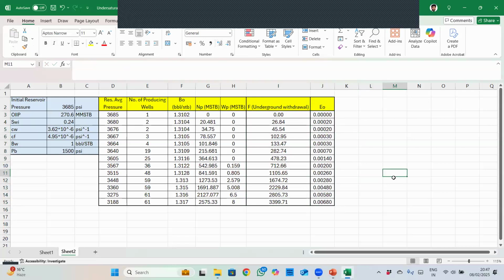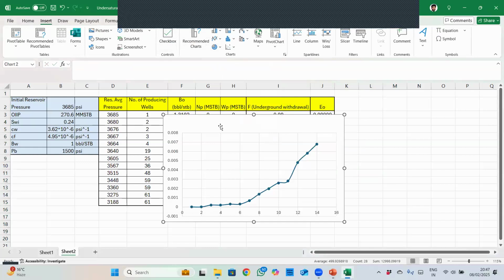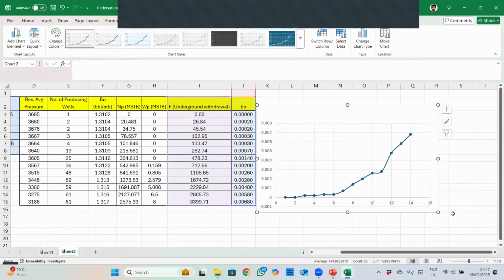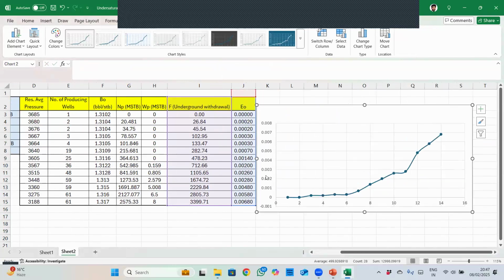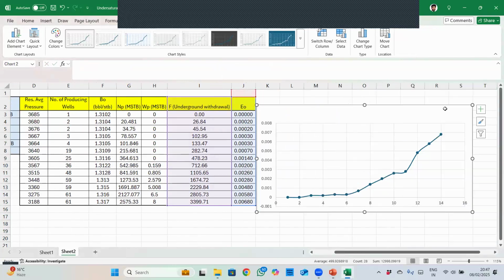So I now just need to plot F versus EO. So let me insert a plot. Yeah, this is now my F versus EO plot. Okay, I think there's a mistake. So let me insert it manually.